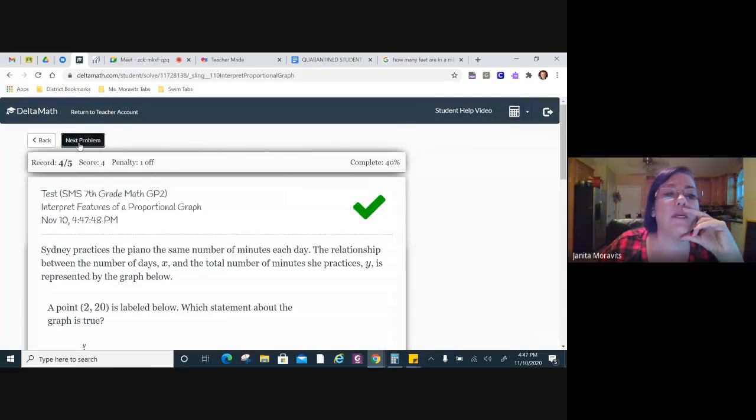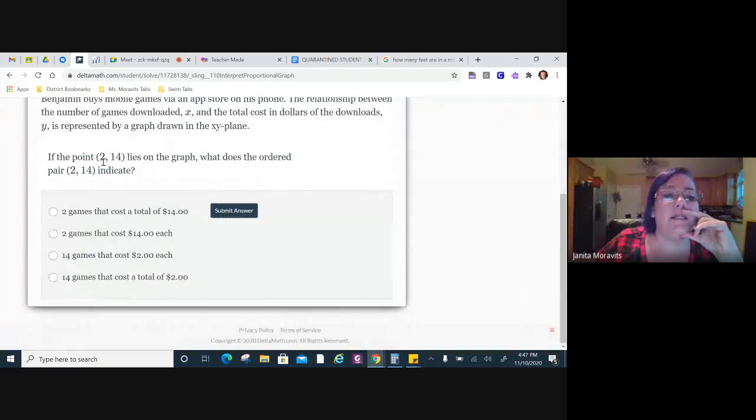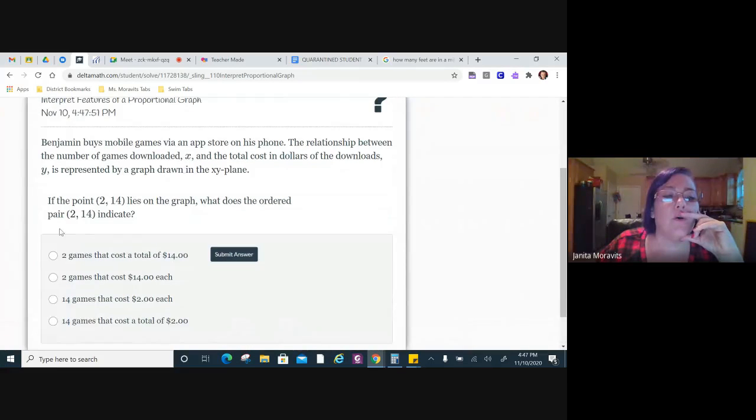Let's do one more of these. If the point (2, 14) lies on the graph, what does the ordered pair (2, 14) indicate? Okay. Benjamin buys mobile games via an app store on his phone. So he's buying games. The relationship between the number of games and the total cost.